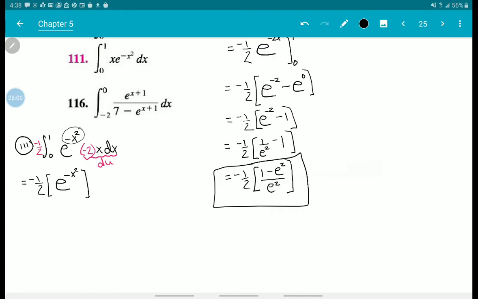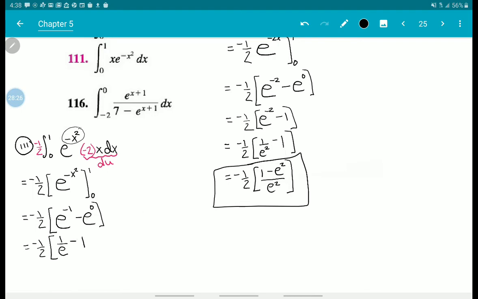And then we're going to use that fundamental theorem of calculus. If we plug that 1 in, we're going to have e to the negative 1 minus e to the 0. E to the negative 1, I'm going to write that as 1 over e.